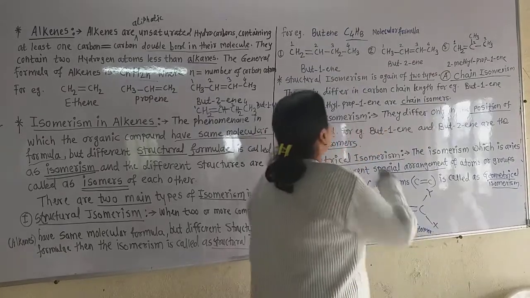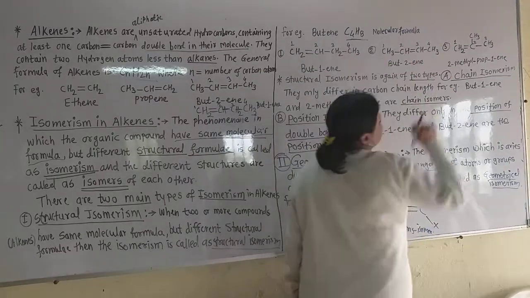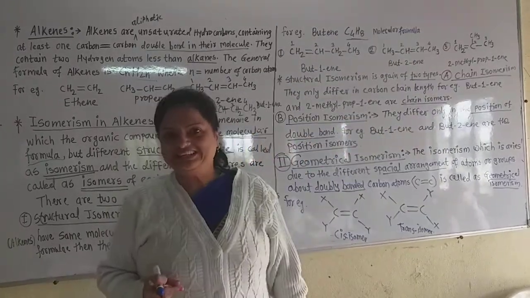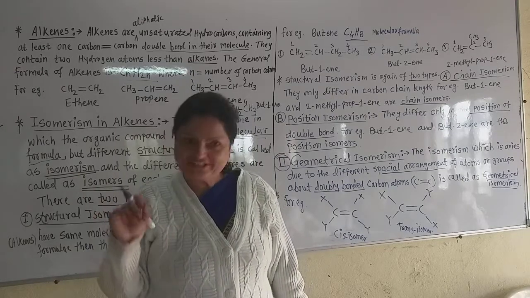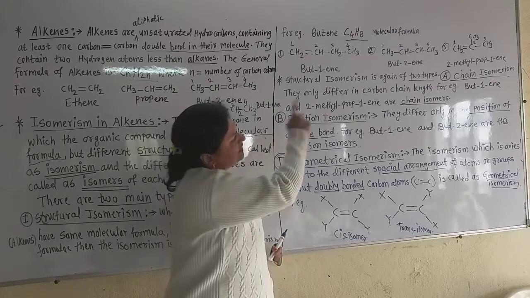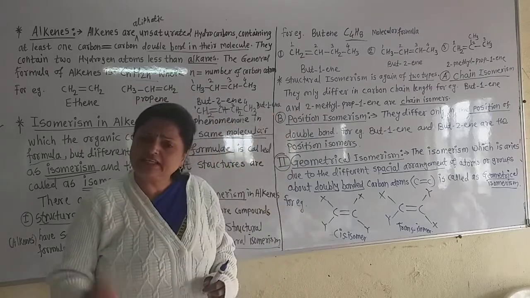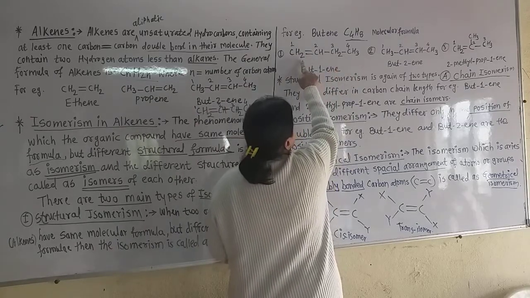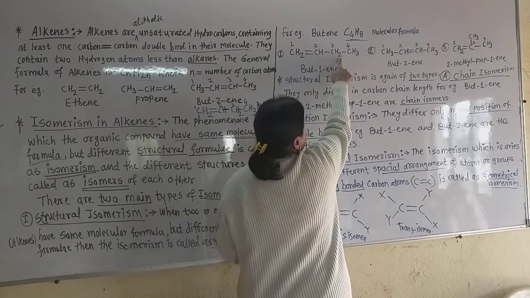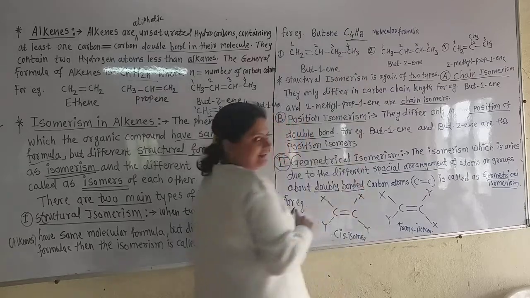Now see here, I draw here 3 isomers of butene. Now you know that butene has the molecular formula C4H8. In all 3 structures there is the same molecular formula. See here, 1, 2, 3, 4, 4 carbon, 2 plus 3 plus 2, 5 plus 3, 8 hydrogen.